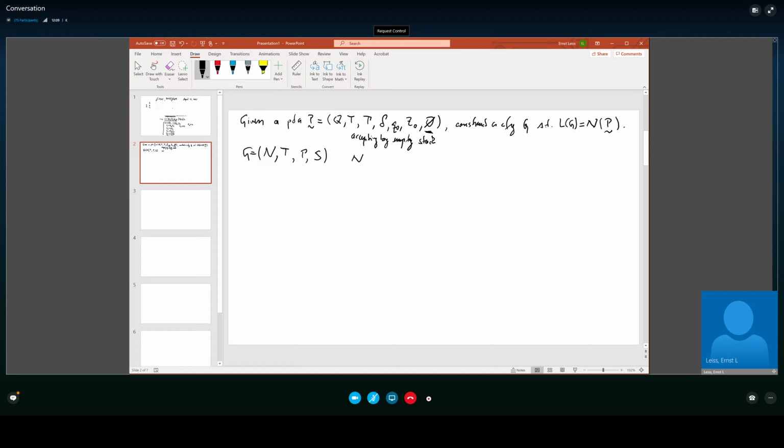N is the symbol S and triples consisting of a state, a stack symbol, and another state.